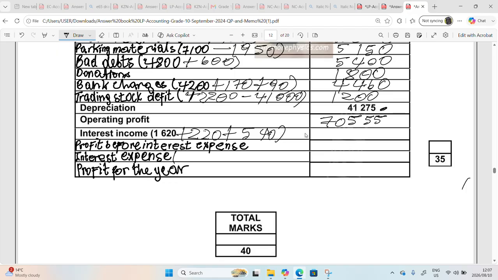All right, so you can just add all those amounts, and then you should get 2,380. That is your interest income. So you take your operating profit plus interest income, then you have profit before interest expense.